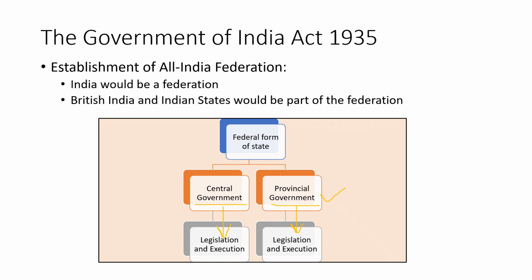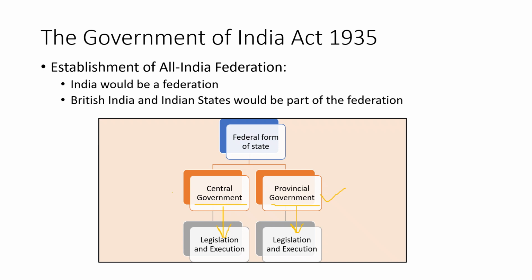Then there are some subjects that are of common interest for the entire nation, for example, foreign policy, foreign affairs. Now, the separate provinces cannot make legislation and execution on this subject. They cannot run this. So it's the central government that takes care of this department.